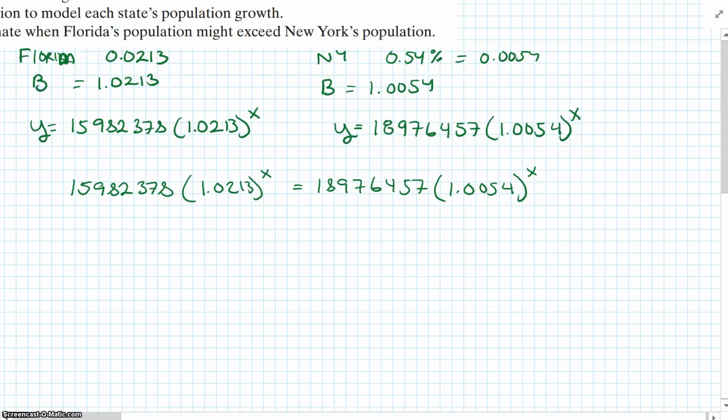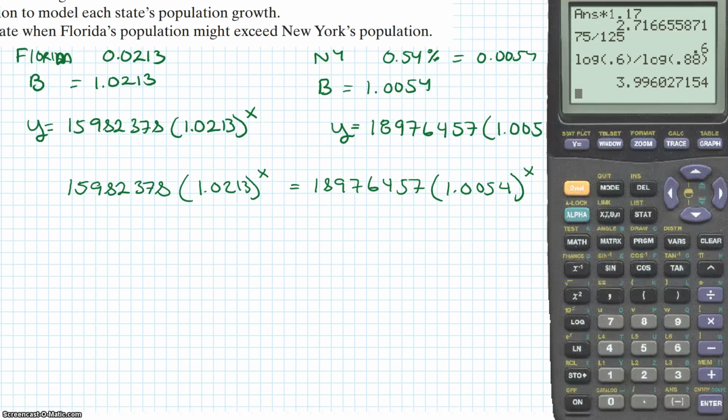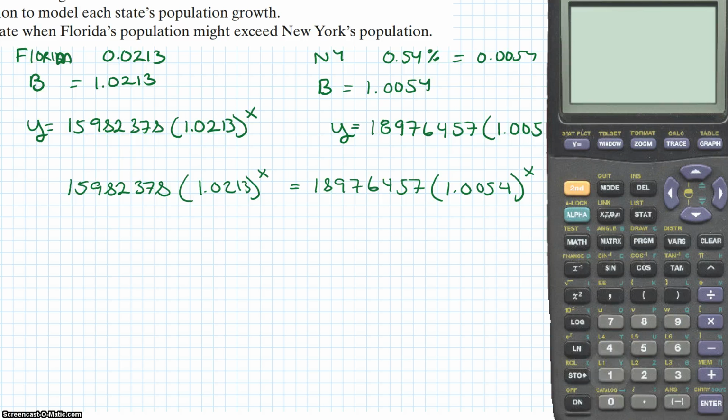So let's do our handy dandy calculator work. And let's divide all the big numbers together. So I got 18,976,457 divided by 15,982,378.